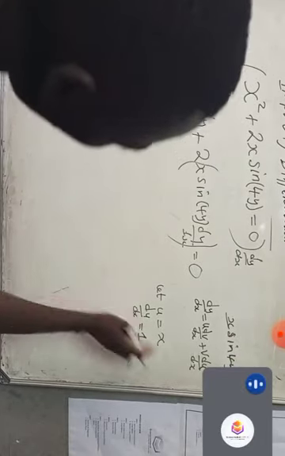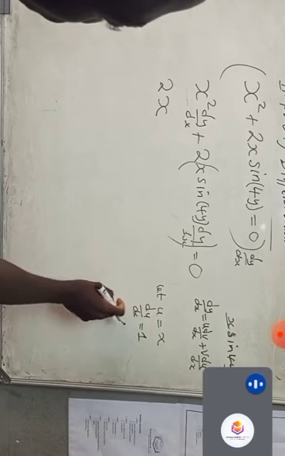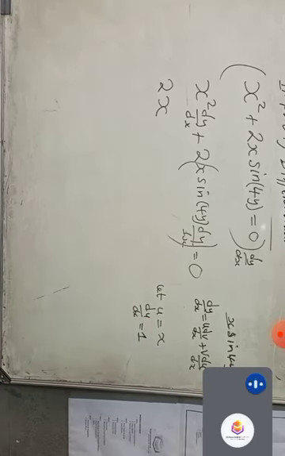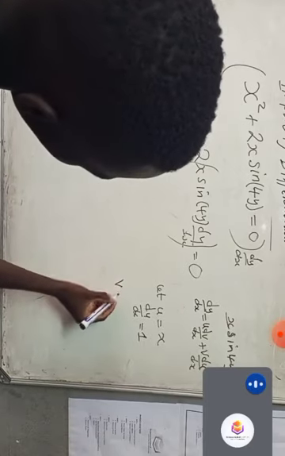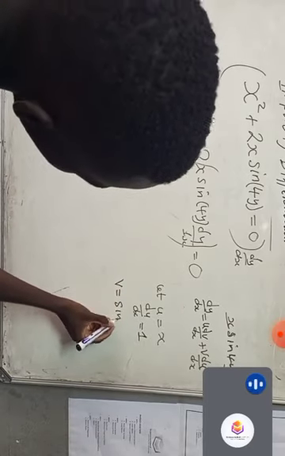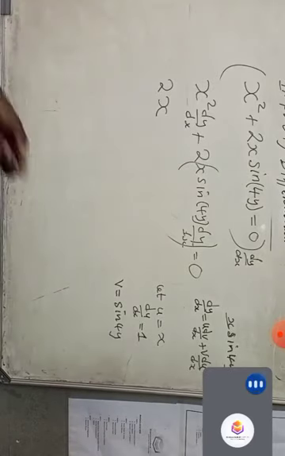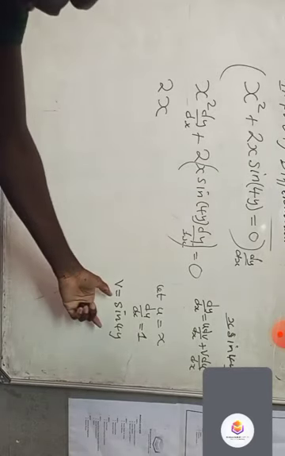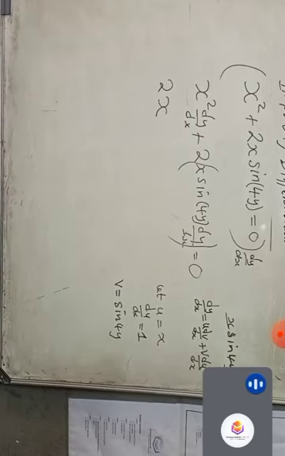So I was saying, we have u equal to x, then we have differentiated u with respect to x. Now let's differentiate the second part, which is our v. So our v is equal to sine 4y. For you to differentiate this one, you're going to use what we call the chain rule.